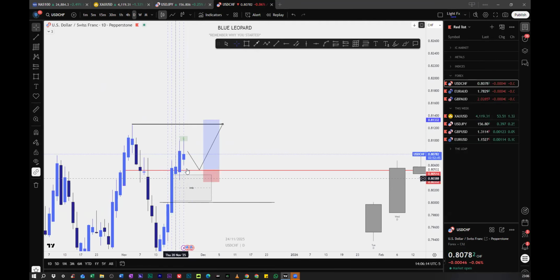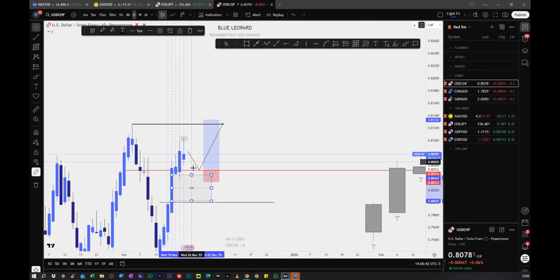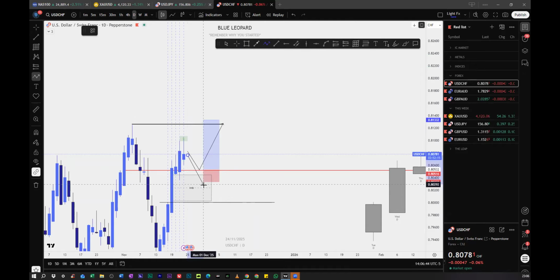This imbalance has already been tested, but if price comes lower like this, we can just expect the same trade, but inside of this zone here. So we will find another level here, maybe on the daily time frame. We will have another key level created, and then we can target the same thing. The idea won't change. So for me on USD/CHF, I'm waiting for price to come lower and trigger this level here, or come lower inside my imbalance and then bounce back.